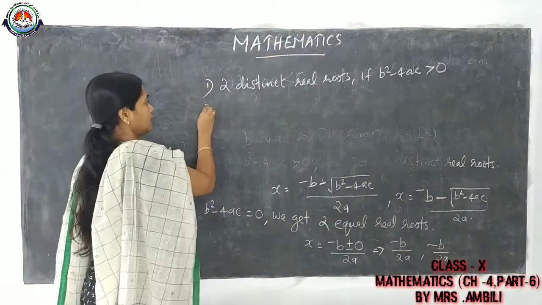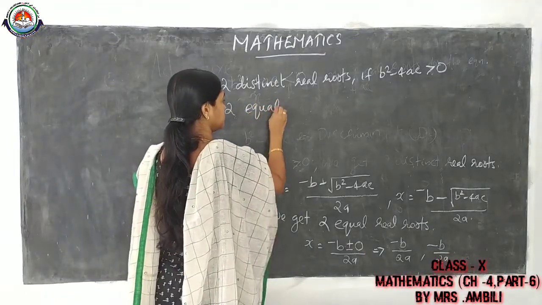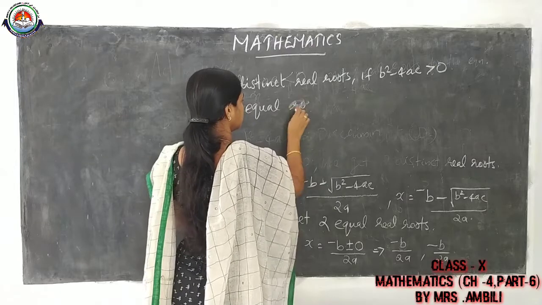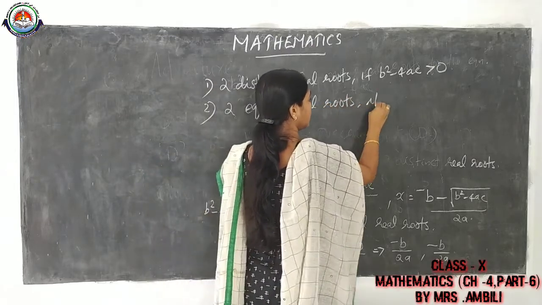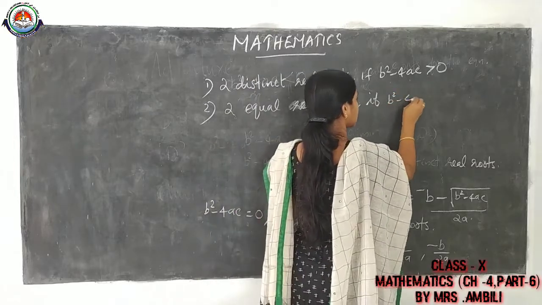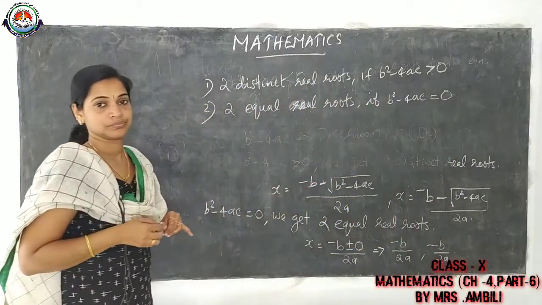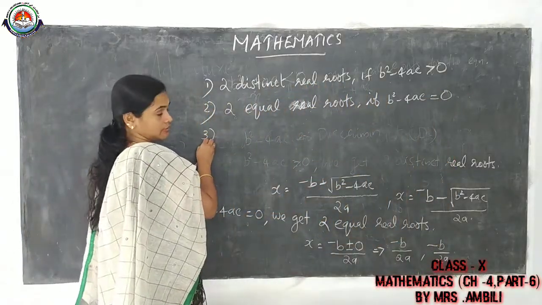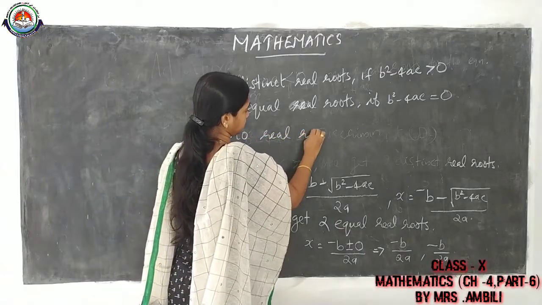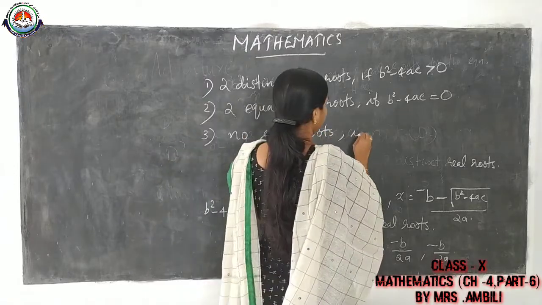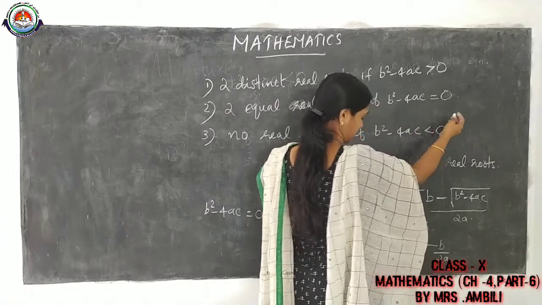Second, two equal real roots if b square minus 4ac equals 0. Third, no real roots if b square minus 4ac is less than 0.